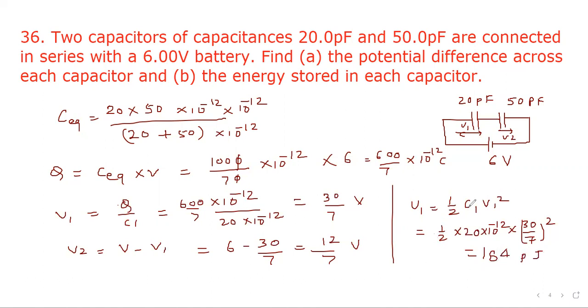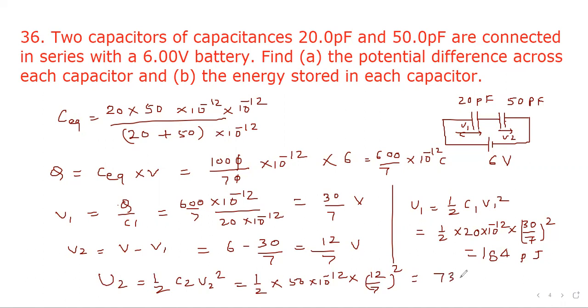So this is U1. Now the energy stored in the other capacitor, U2, is half C2 V2 square: 1 by 2, C2 is 15 into 10 to the power minus 12, into voltage 12 by 7, whole square. So it will come out to be 73.5 picojoule.